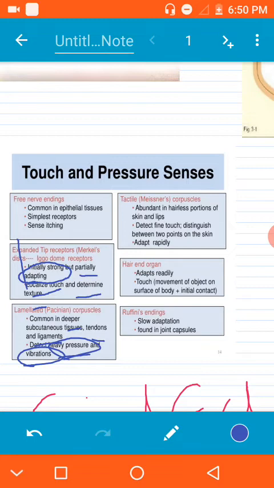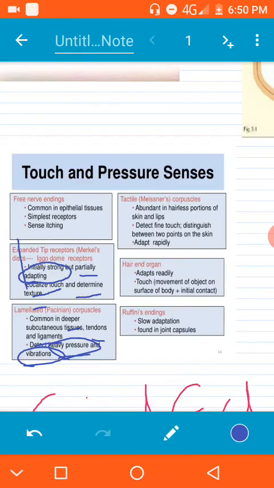So what actually picks up an object or stimulus which is running over your body? For example, let us assume that there is an insect crawling over us. It is picked up by the hair end organ, which adapts rapidly and basically helps in picking up objects which are running rapidly over your body, as well as the initial contact it makes with your body.